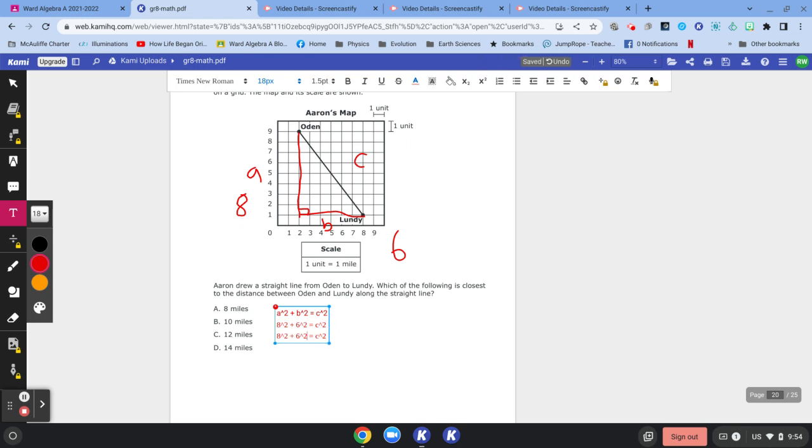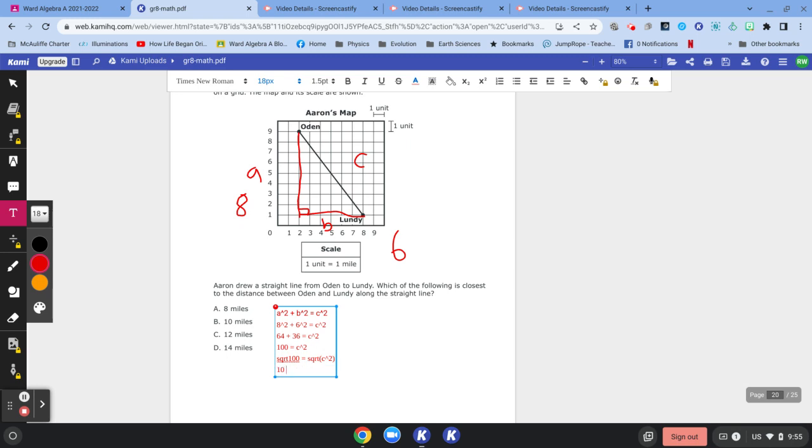And simplify. 6 squared is 36, and 8 squared is 64, and 64 plus 36 is 100, so 100 equals C squared. We take the square root of 100 equals the square root of C squared. I'm going to put that in parentheses so it's really clear we're taking the square root of all of it. And so the square root of 100 is plus or minus 10.